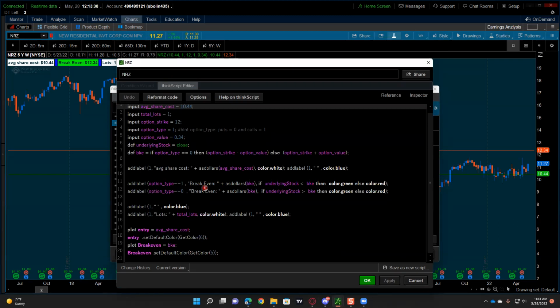I have 100 shares and I've already decreased my risk. So we need that number, and we need a name for that number. Current value, maybe. Our average share cost is $10.44.